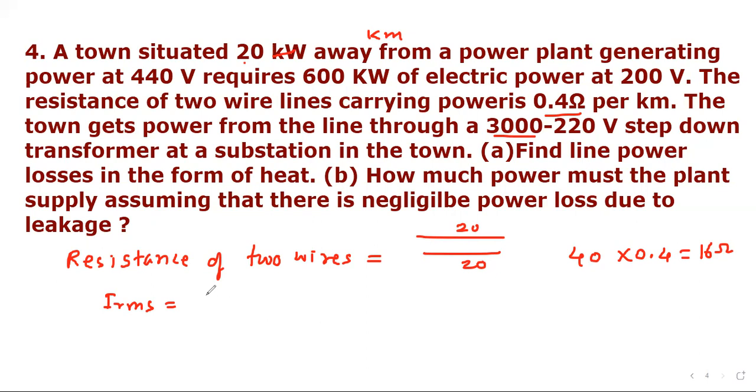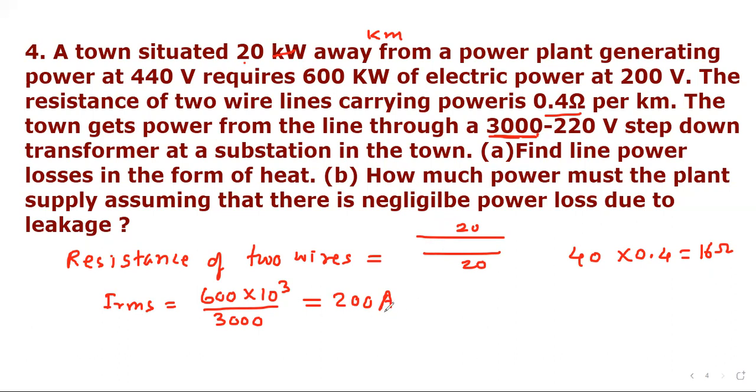So 600 into 10 to the power 3 divided by 3000 will give 200 ampere. Keep in mind that whenever transmission is done, it is done at high voltage. That is why 3000 volt is taken, not this. This is the voltage that the substation receives.